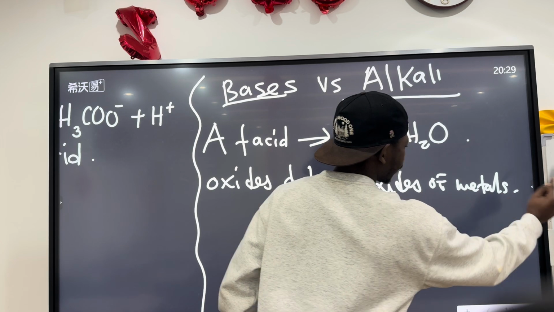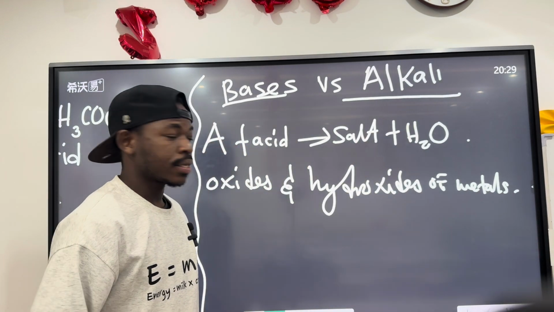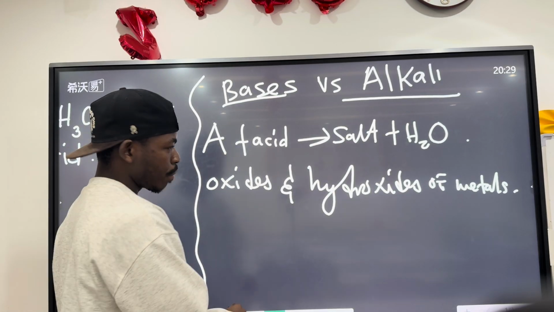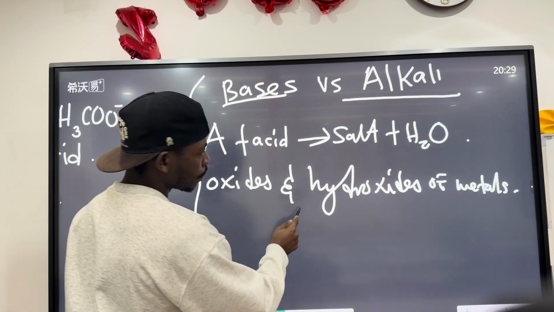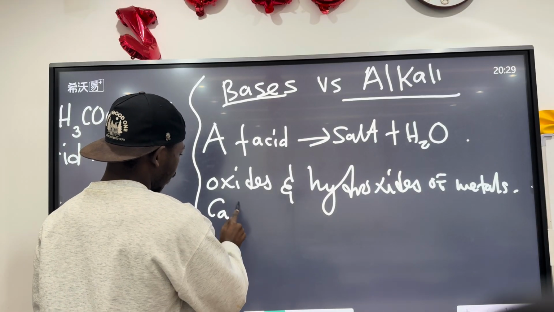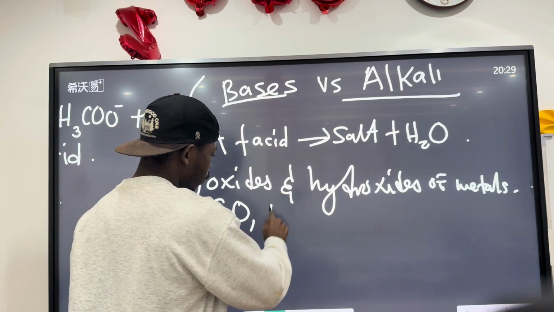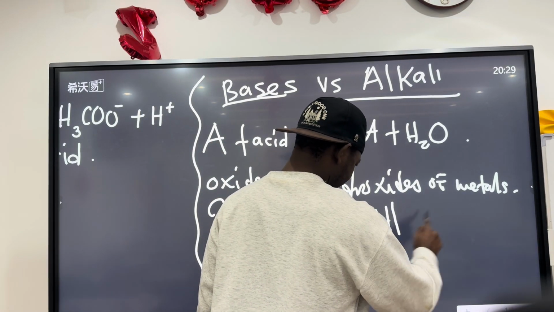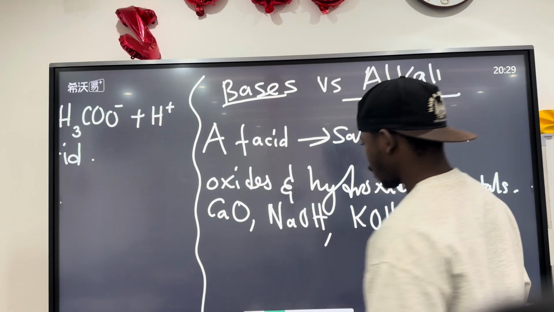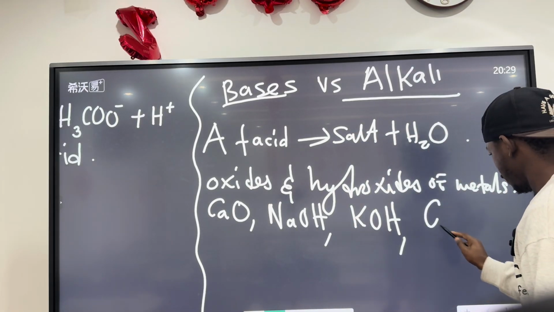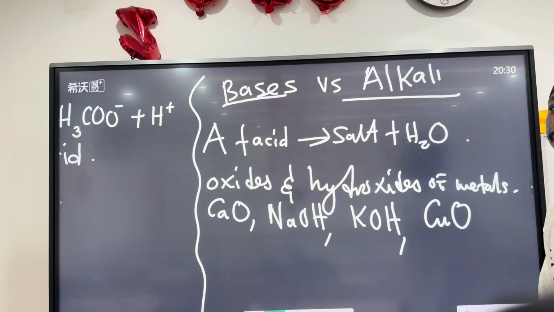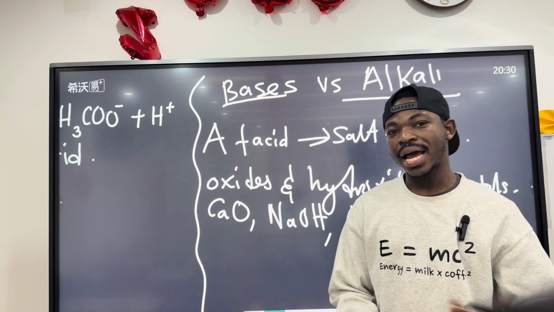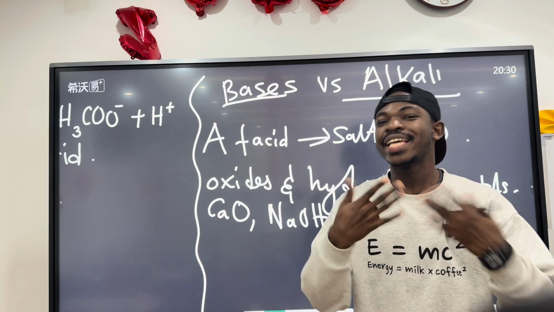For example, someone can say calcium oxide, sodium hydroxide, potassium hydroxide, or copper(II) oxide. All these are bases. Any substance that can react with an acid to form salt and water is a base.